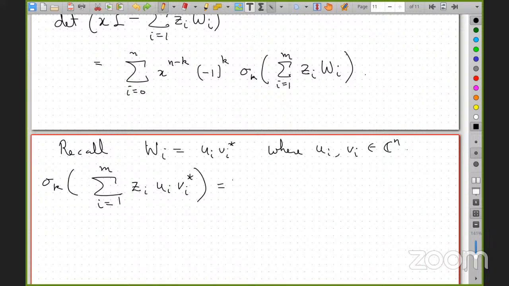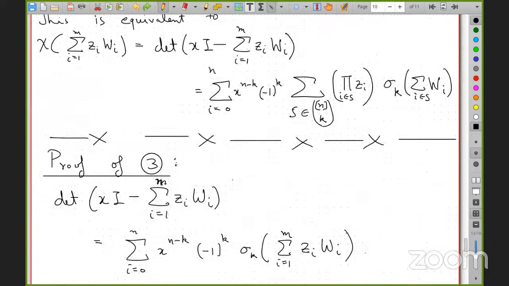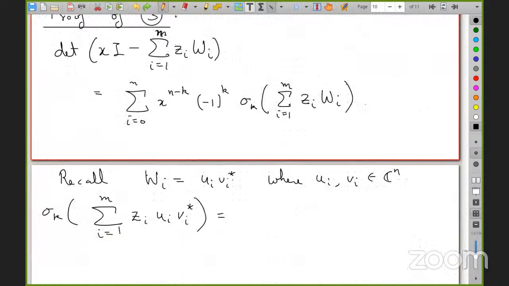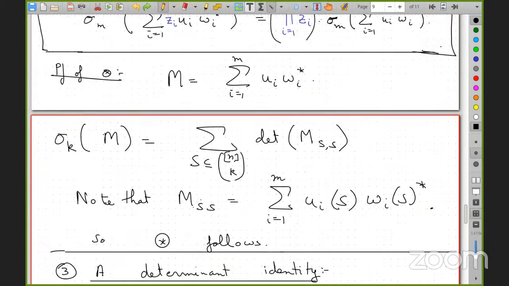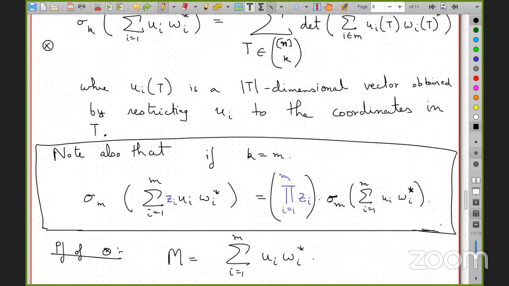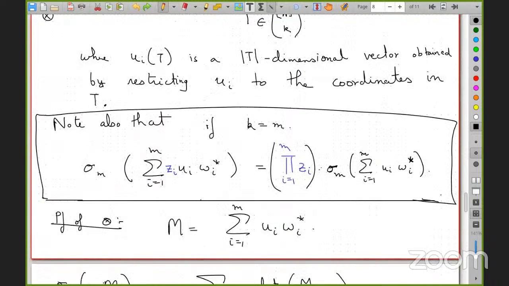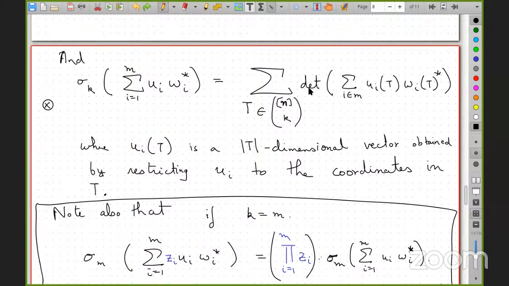We can think of zi ui as one vector, because zi is just a scalar, and vi star is the other vector. Now let's look at our second exercise. That was exactly of this form. We were trying to do sigma k of the sum, and then we expanded it over the determinants of these smaller minors.